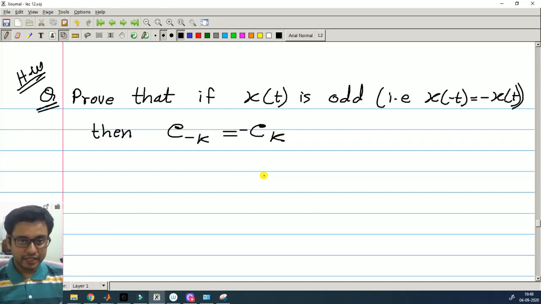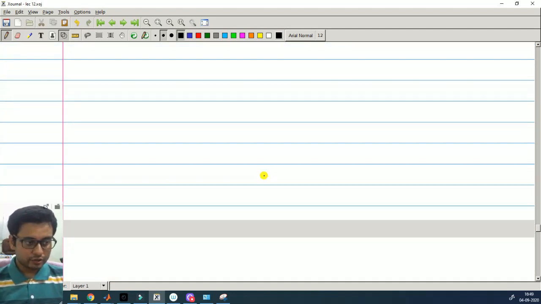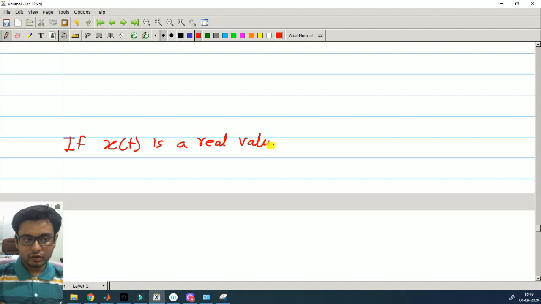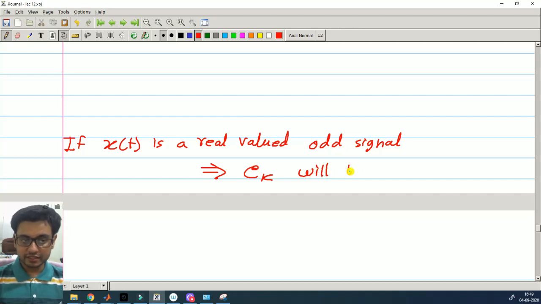I shall leave it as homework, and from this you should also show that if x(t) is a real valued odd signal, then c k will be purely imaginary.